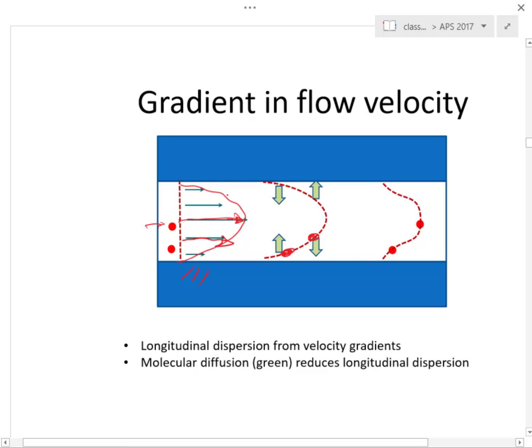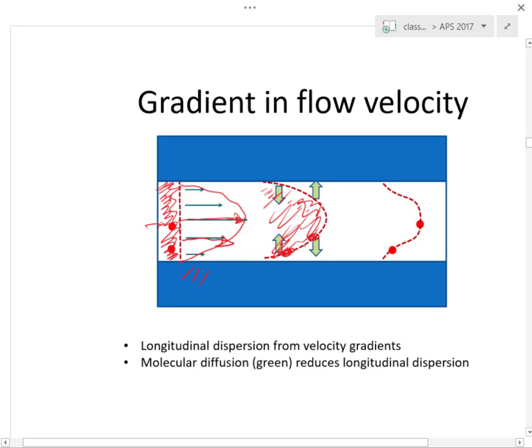Now, one thing that happens is that you'll have this zone here. If we imagine this is a uniform concentration, then after we go downstream, the higher concentration zone looks like that.